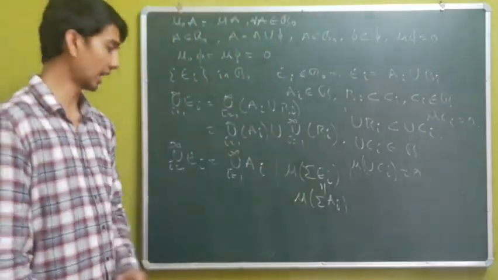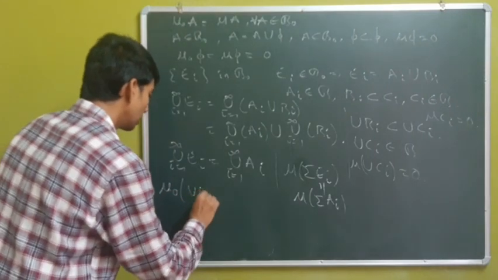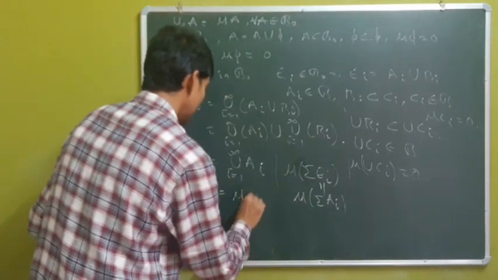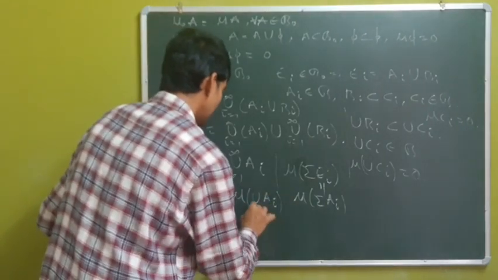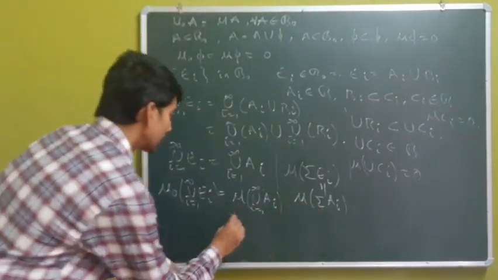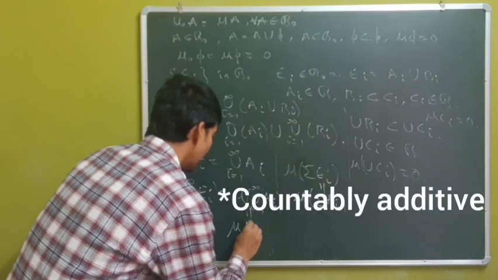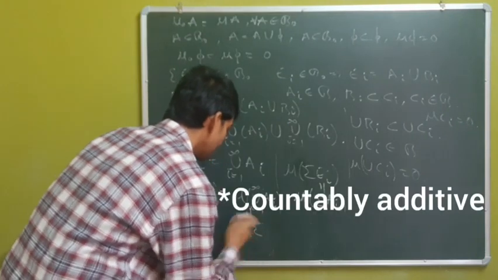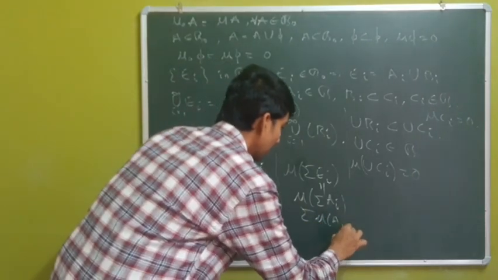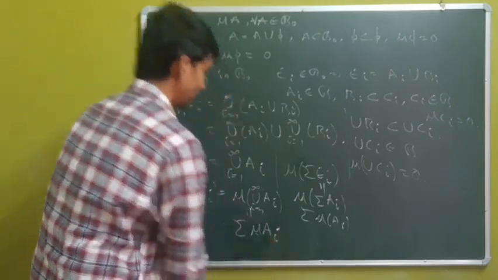But since mu is a measure, I have mu of the union of the A_i, and if I consider mu naught of the union of the E_i, this is the same as the measure of the union of the A_i. Since mu is a measure, it is countably subadditive, so this is nothing but the summation of the measures of the A_i.